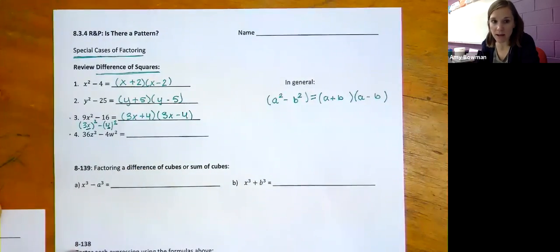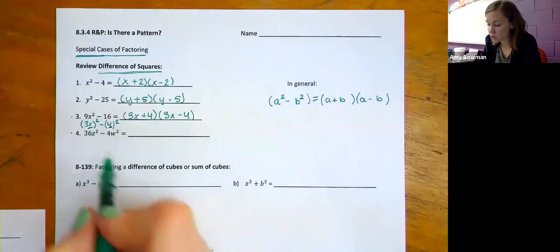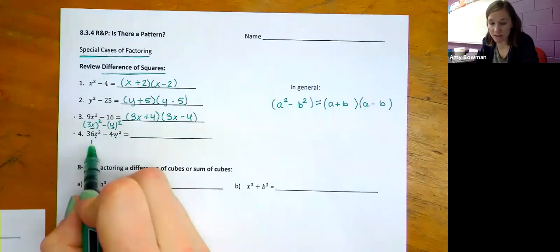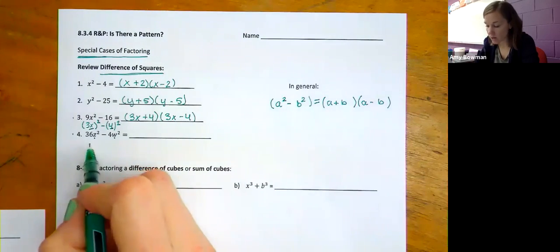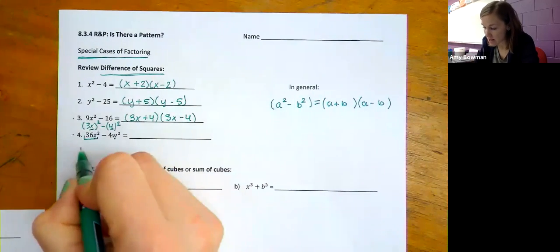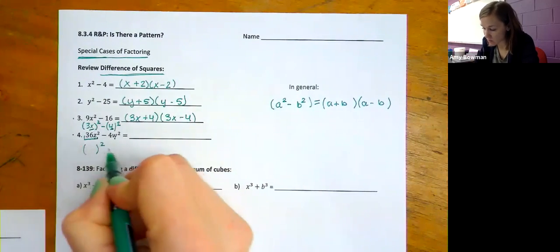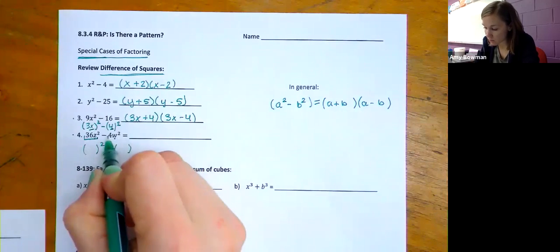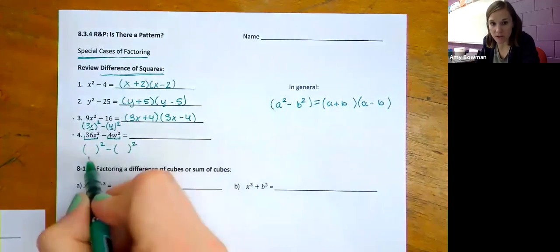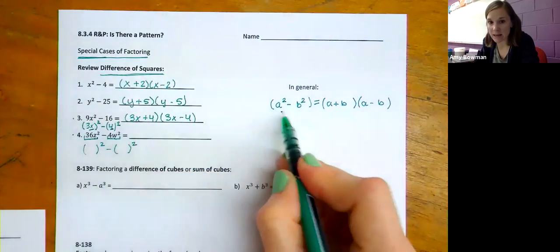Now let's look at example 4. This one looks different too. Notice we've got a variable in each, but we can confirm that this is definitely still a difference of squares, because I can rewrite 36z squared as something squared, and I can rewrite 4w squared as something squared as well. So I just need to figure out, again, what the a and b terms are.